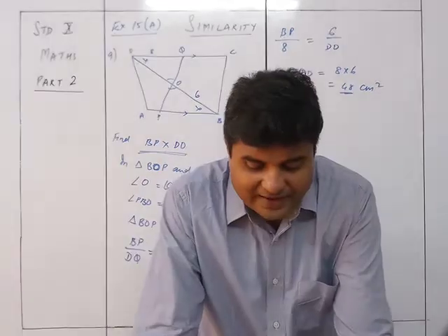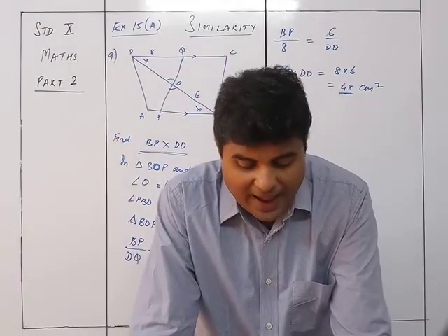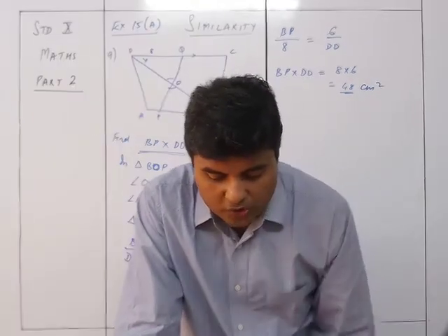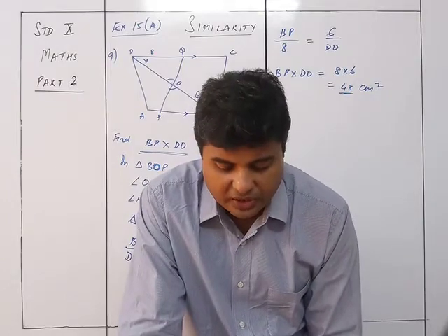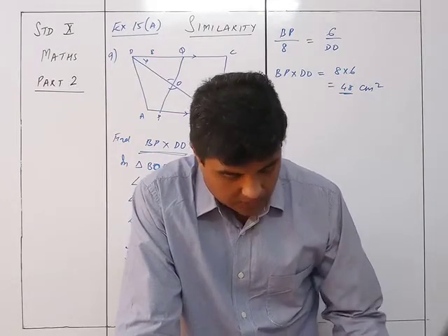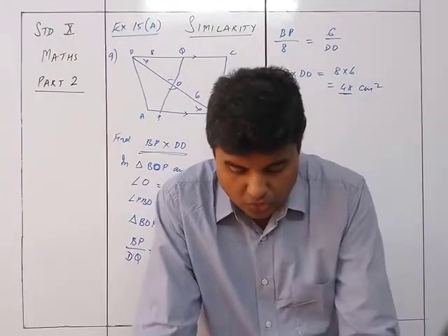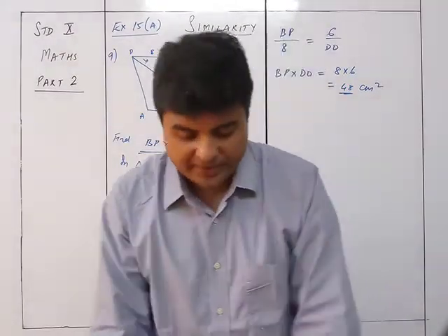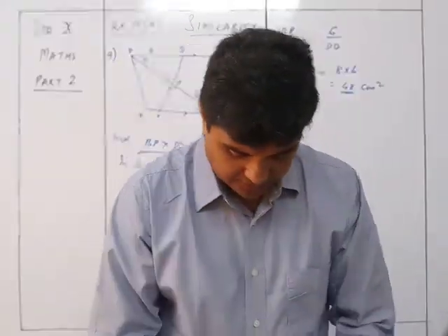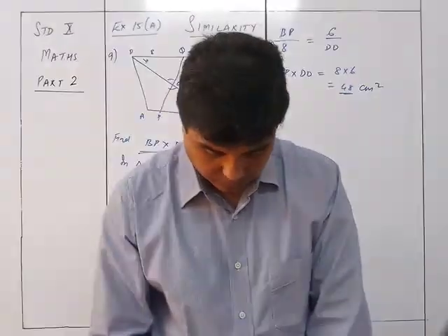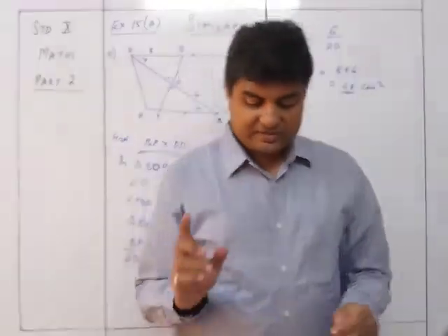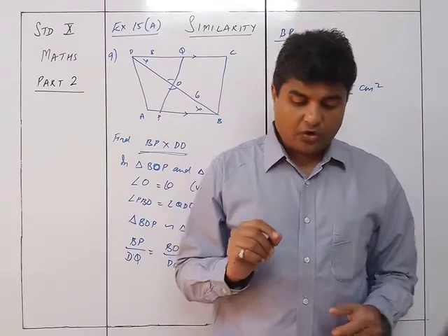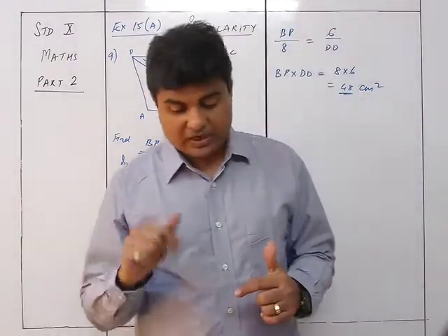Two isosceles triangles are similar if an angle of one is congruent to the corresponding angle of the other. No, not necessarily, because अगर समझो एक जगह पे, let me see. Two isosceles triangles are similar if an angle of one is congruent to the corresponding angle of the other.